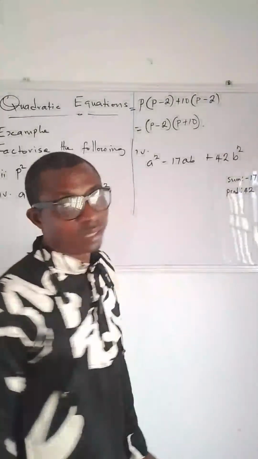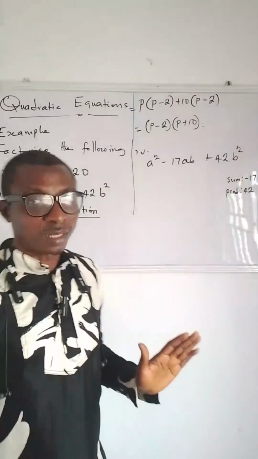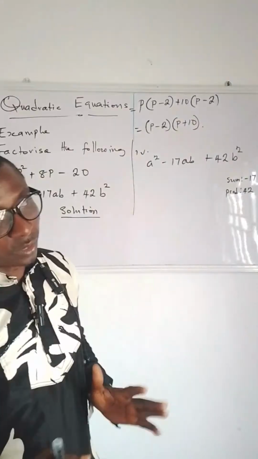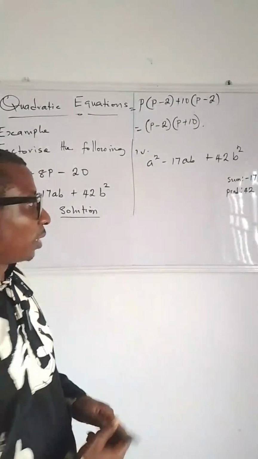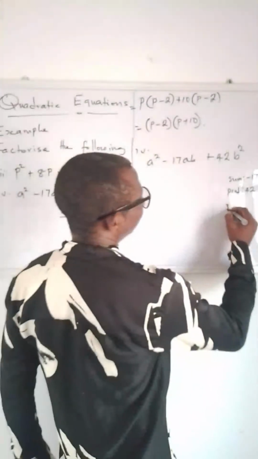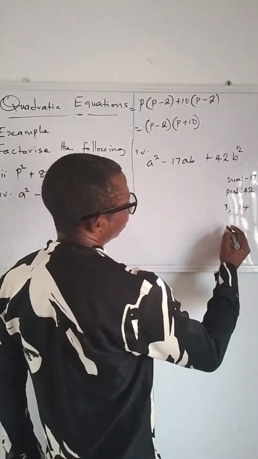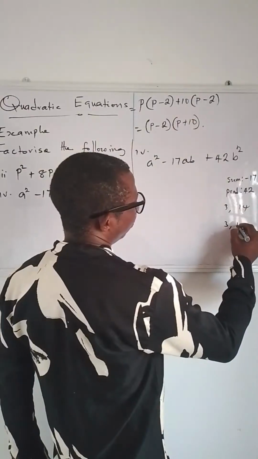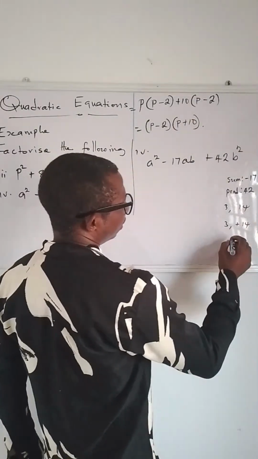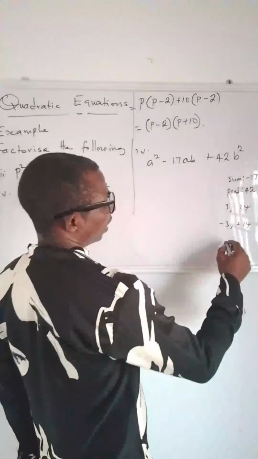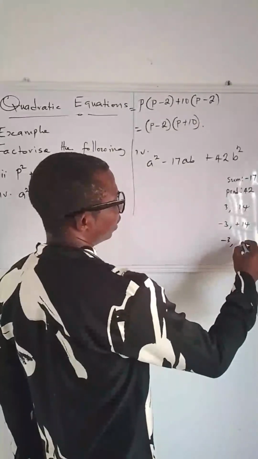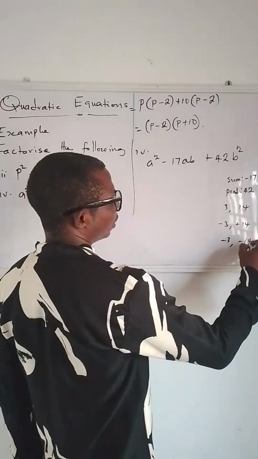Okay, now that is what I want. I love that we have different answers so that we know which one is right and which one is wrong. I can see 3 and 14. I also see 3 and positive 14. No, negative 3 and positive 14. And also I can see minus 3 and minus 14.